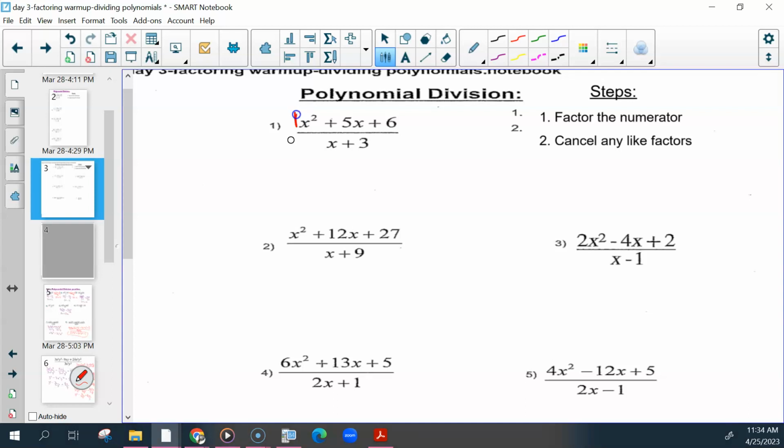But if a equals 1, you're looking for two numbers that multiply to be 6 and add to be 5. What two numbers would work? I heard 3 and 2. What was the other one? 3 and 2. With your basic trinomials, you can go straight into your factors. x plus 3, x plus 2.